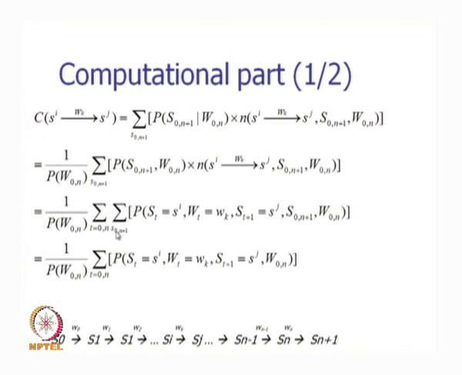So, previously itself there was this summation over all possible state sequences. Now, we introduced the summation over all possible t, where t is varying from 0 to n, which is nothing but a position. t records a position in the observation sequence.